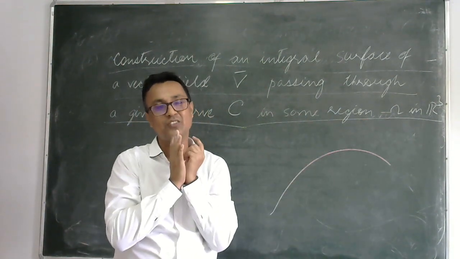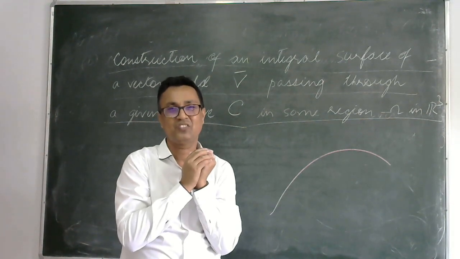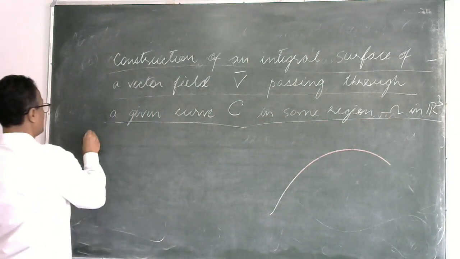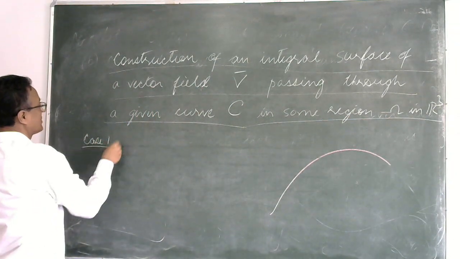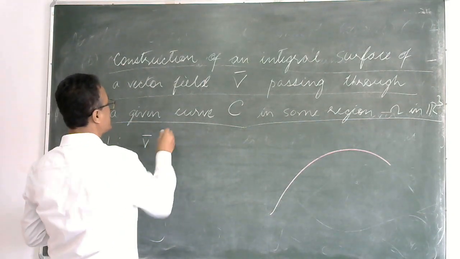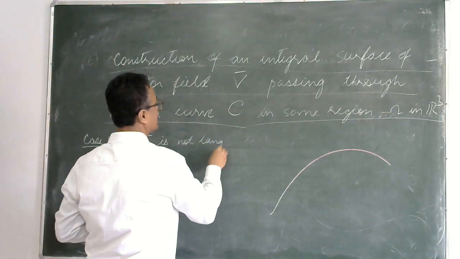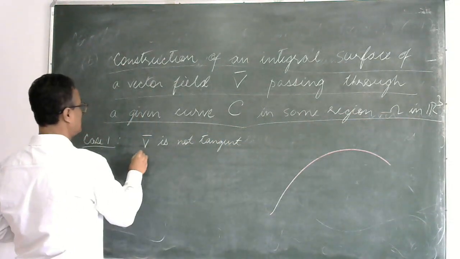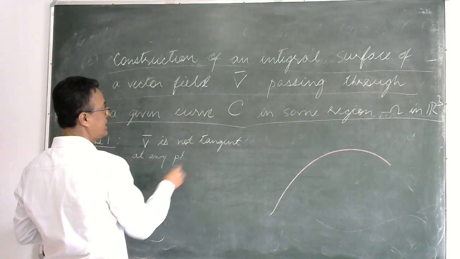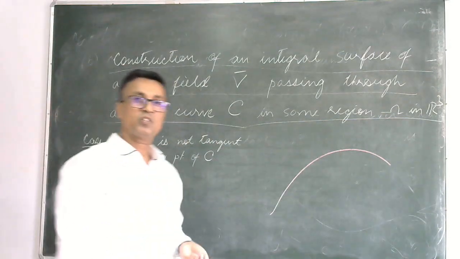Is it clear? Right? So here there may be two cases. Case one: v is not tangent at any point of C.